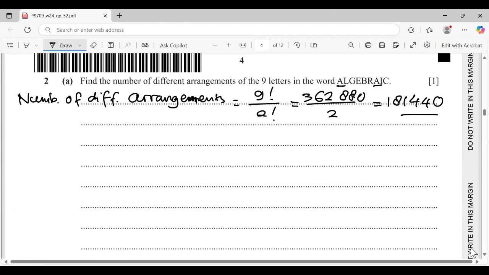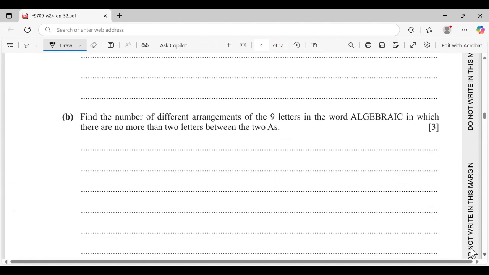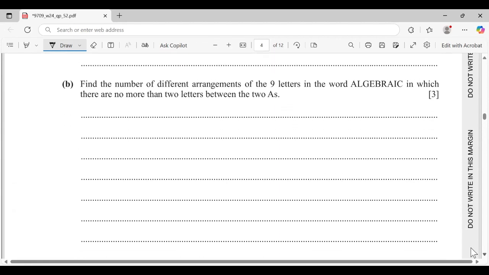Next, B. Find the number of different arrangements of the 9 letters in the word algebraic in which there are no more than 2 letters between the 2 A's. Okay, 2 A's, it means double A. Firstly, you need to find the total number of valid positions for the 2 A's.